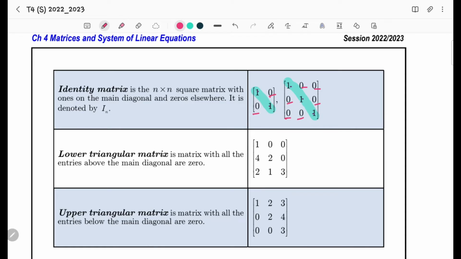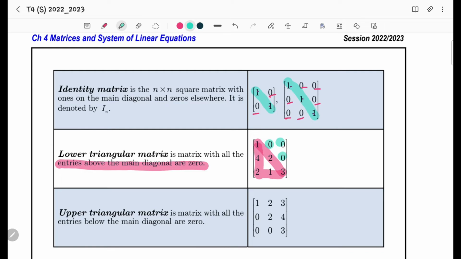Okay, and then lower triangular matrix. It is a matrix with all the entries above the main diagonal being 0. As you can see here, you have zeros above the main diagonal.